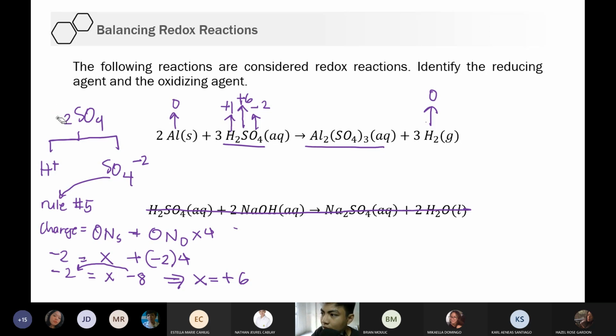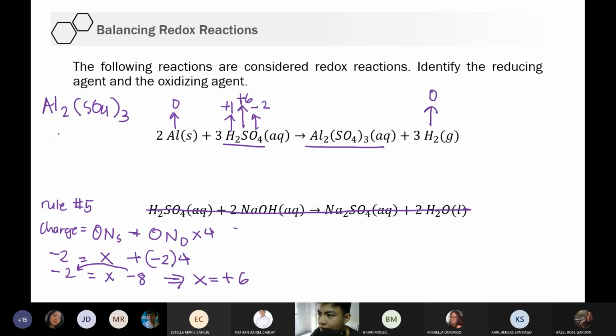So I will do that here. Burahin ko lang to kasi tapos na ako sa kanya. Okay? O you do the reverse crisscross. Alam niyo na dapat yan. Chapter 3 yan. Okay. Crisscross. So your ions are Al3 plus and SO4 negative 2.